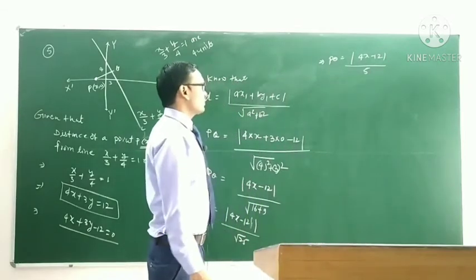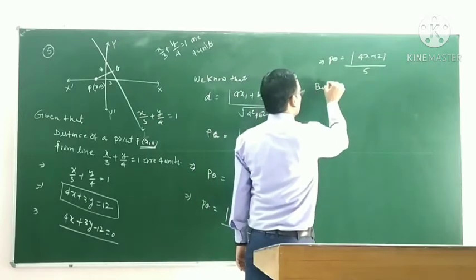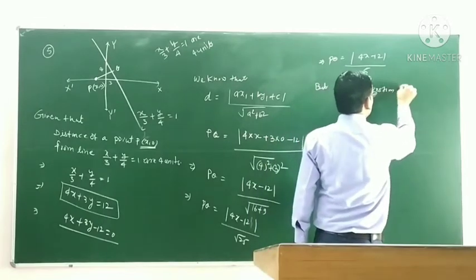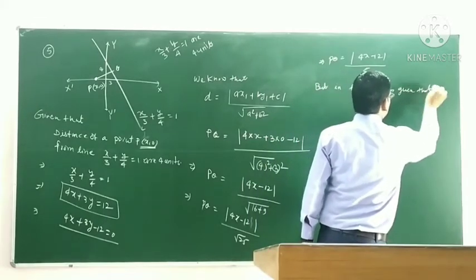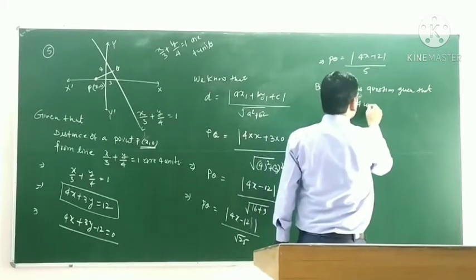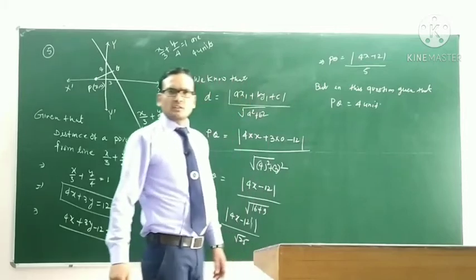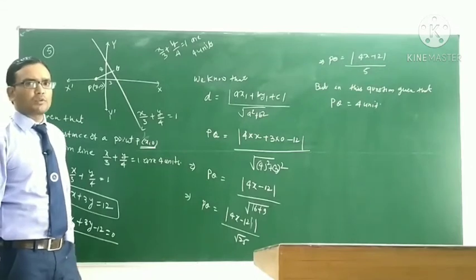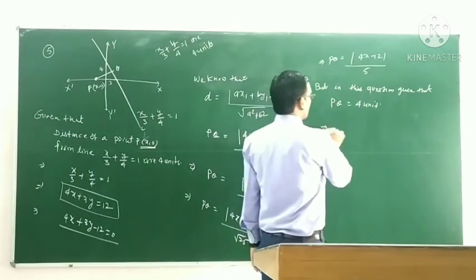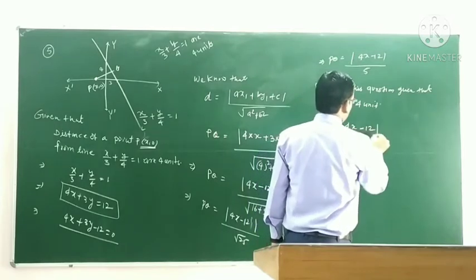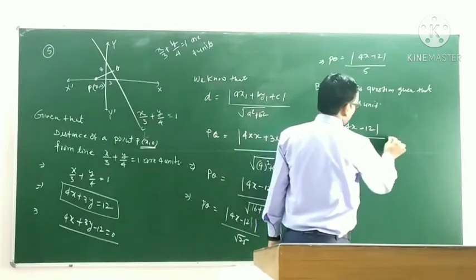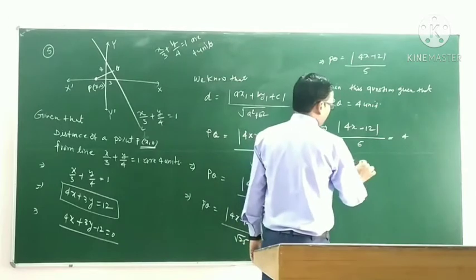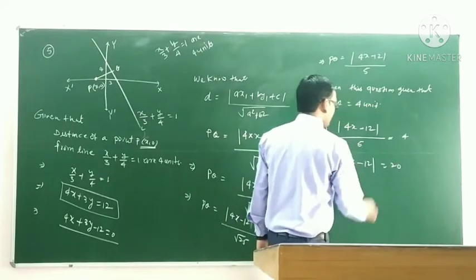Okay, students, but in this question it is given that PQ equal to 4 units, then we put the value of PQ equal to 4. This implies that mod of 4x minus 12 upon 5 is equal to 4. This implies that mod of 4x minus 12 is equal to 20.